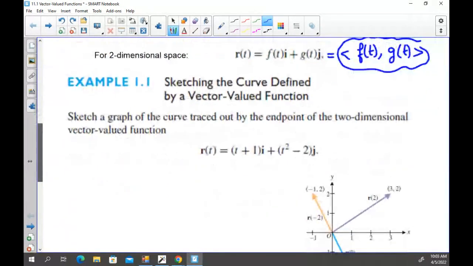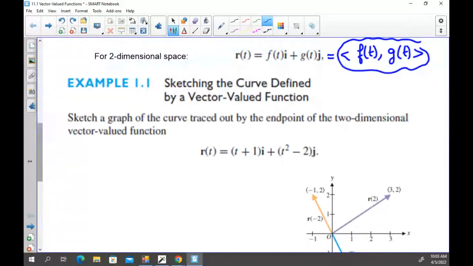Okay, so first question we have here is sketch the graph of the curve traced out by the endpoint of the 2-dimensional valued function, which is given by this. So I want to graph the endpoints of this function. So let me show you how we do this.